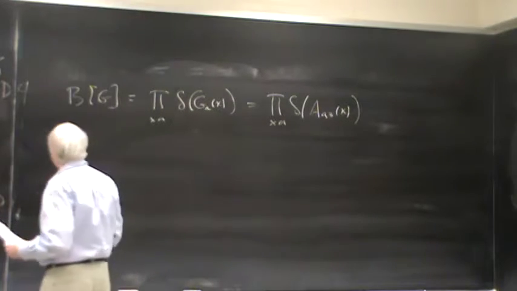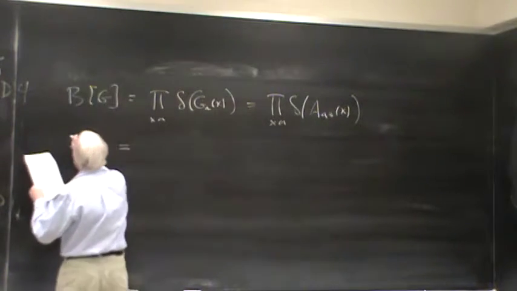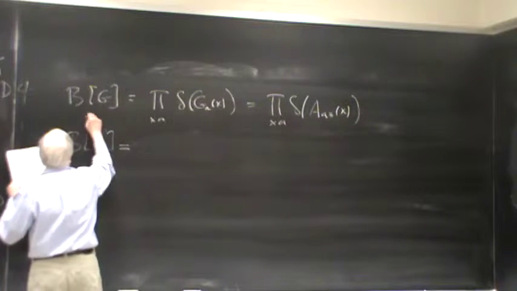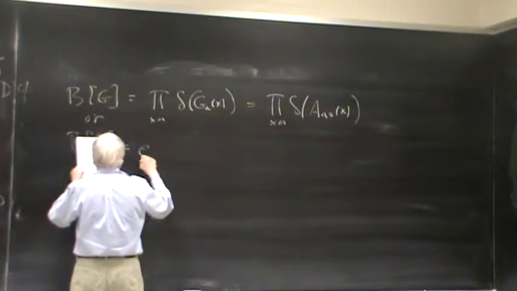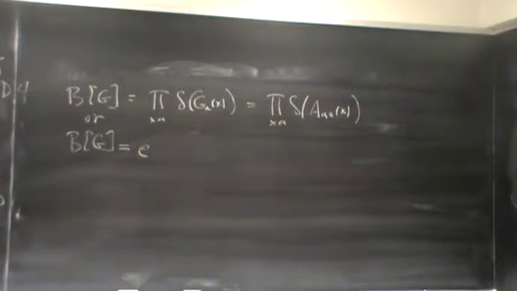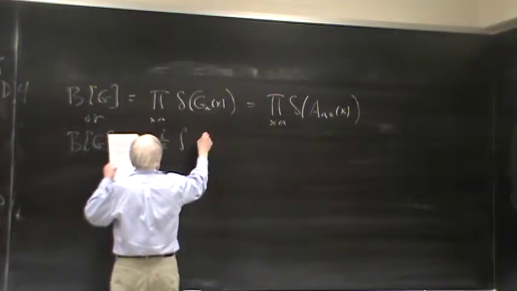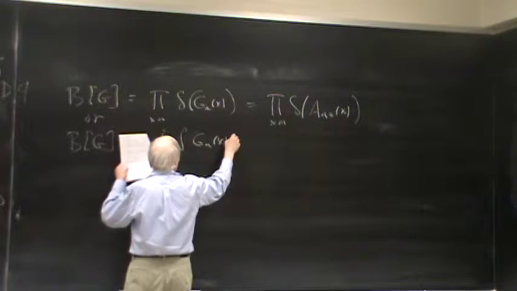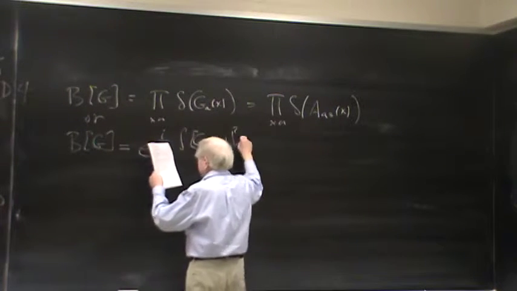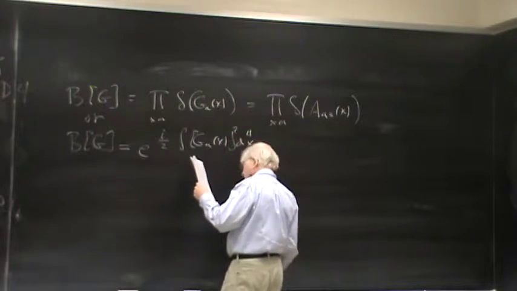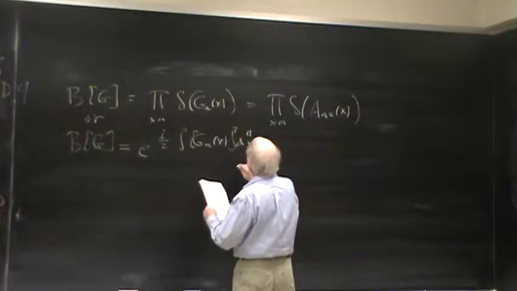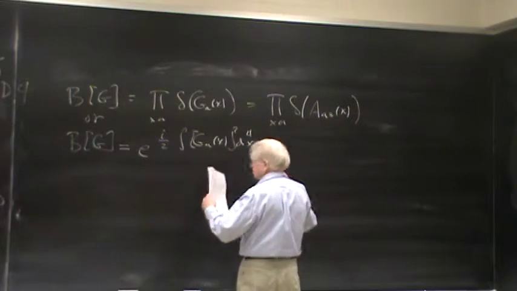in an axial gauge. Another possibility is B of G. Now, the gauge fixing functional B isn't always a product of delta functions. In fact, one can think of this: e to the i over 2 integral of G of A of x squared d4x. And in particular, this is the Lorentz gauge condition.